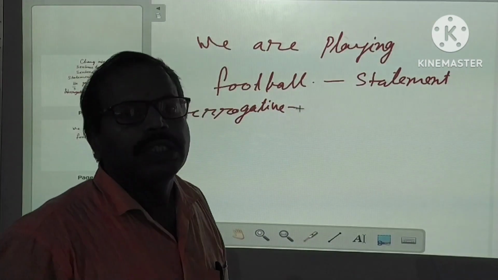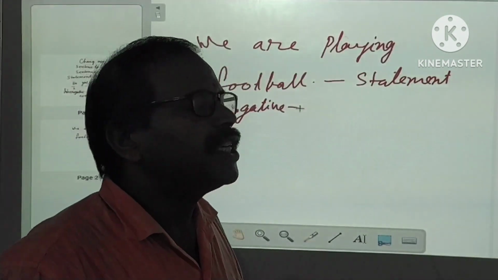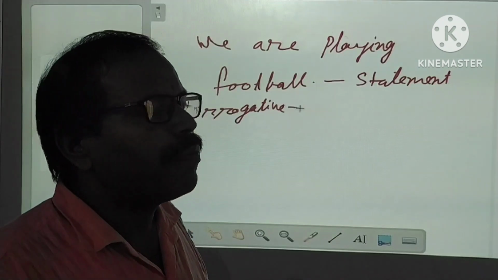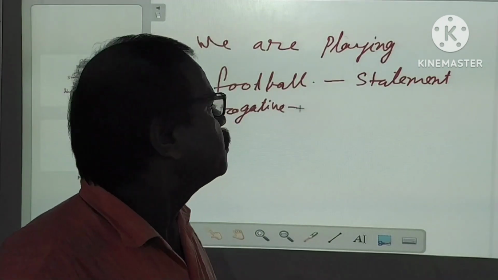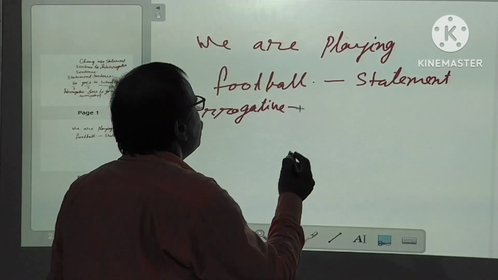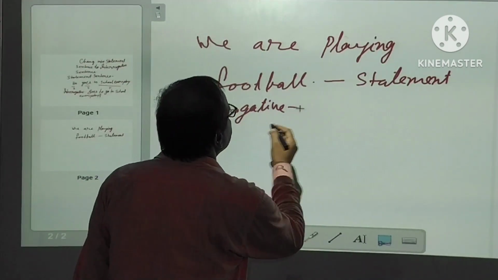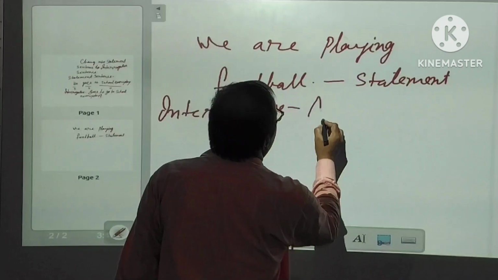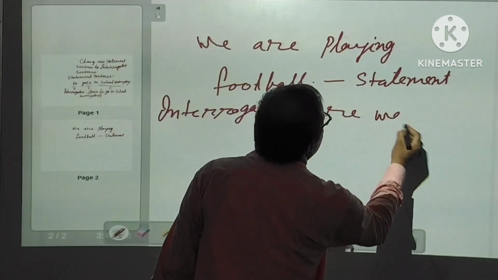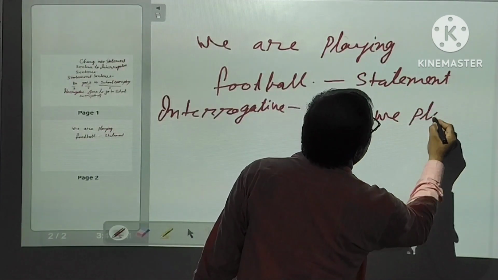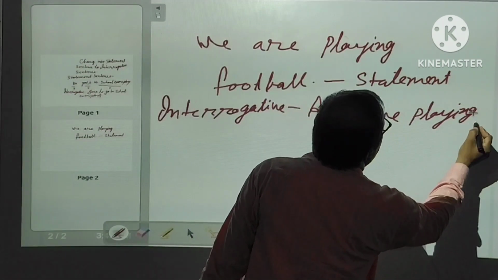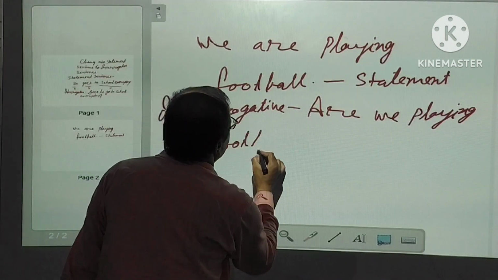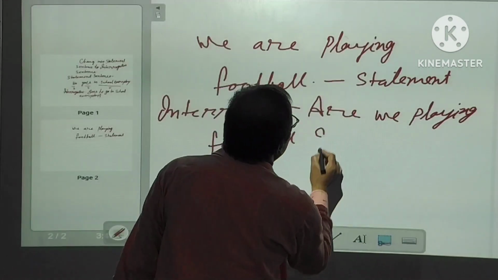We are playing football is a sentence in present continuous tense. So here the helping verb and main verb are both present. We need to change it into an interrogative sentence with the help of the helping verb: Are we playing football?